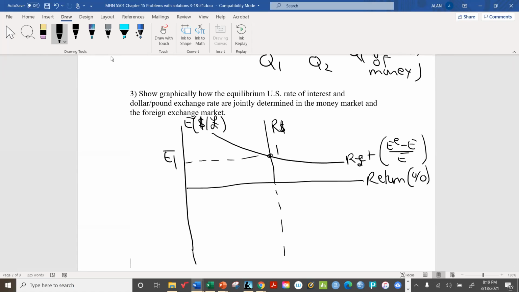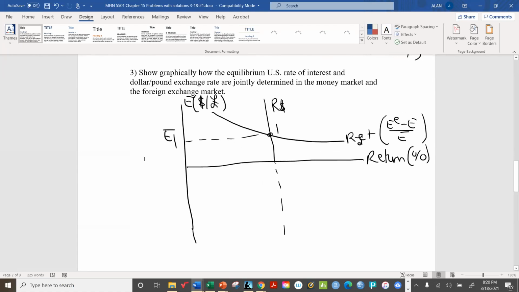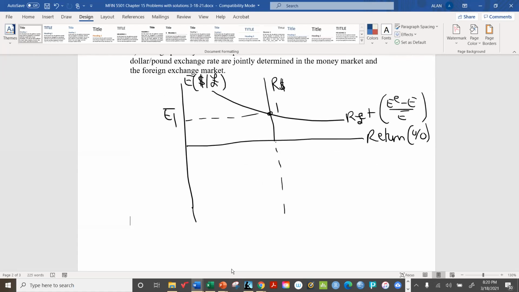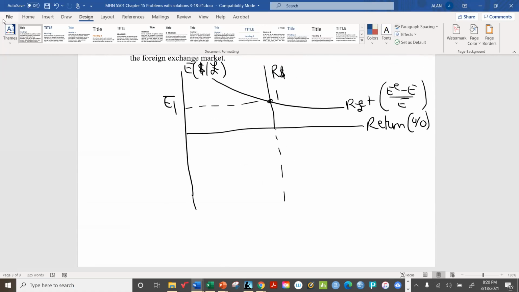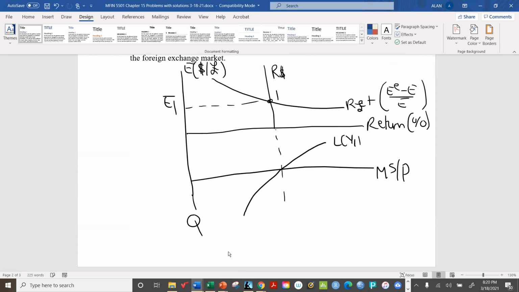First of all, what's going on this vertical axis is the quantity of money down here. And here's the real money supply. The demand curve looks something like this. And this is where they cross.